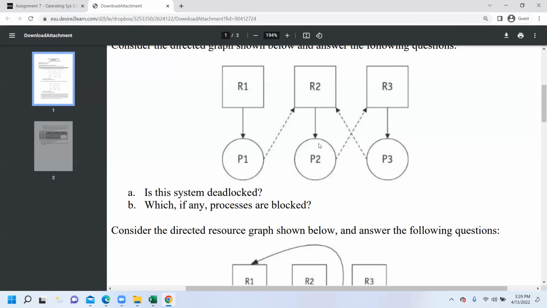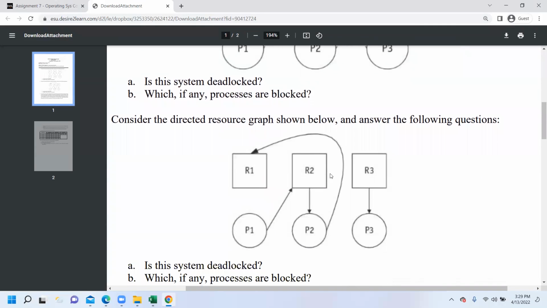Is this clear? So here, resource R2 is already assigned to P2. P2 is holding the resource, and P1 is asking for resource R2.